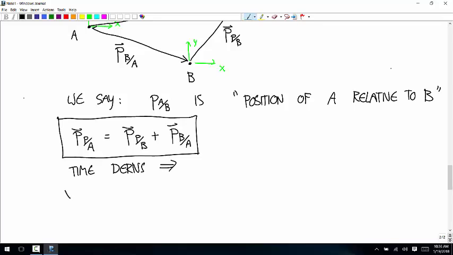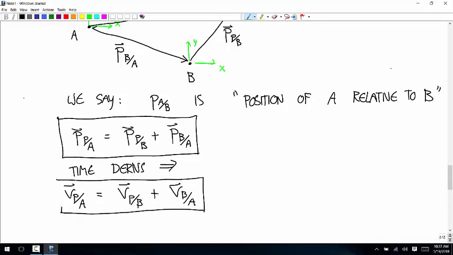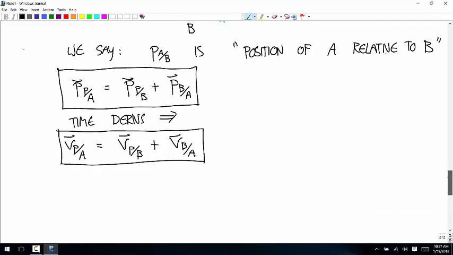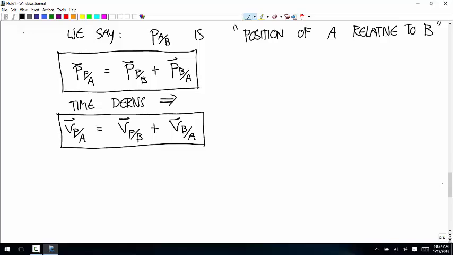So it's also true that the velocity of that particle P relative to A is equal to the velocity of P relative to B plus the velocity of B relative to A. And if you take another time derivative, same thing with acceleration. Acceleration of P relative to A is equal to the acceleration of P relative to B plus the acceleration of B relative to A.